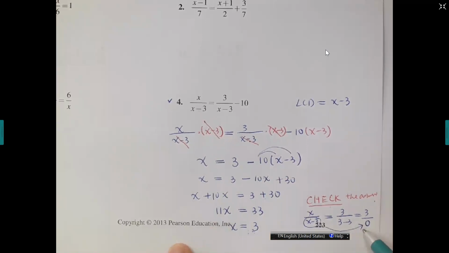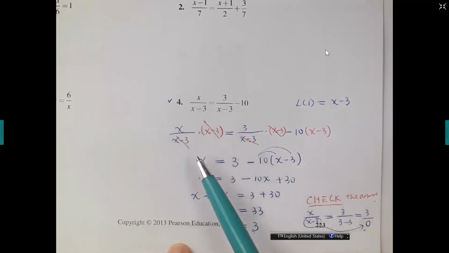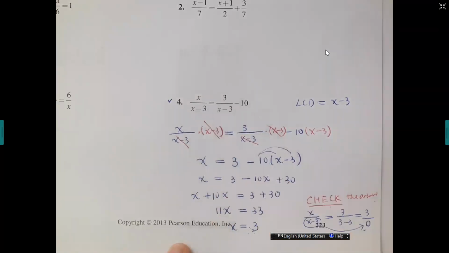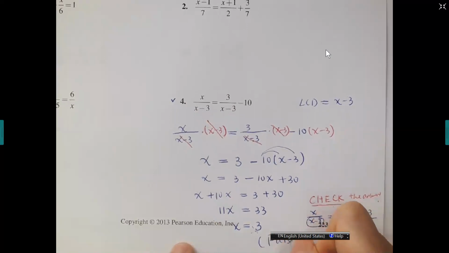And when the denominator is 0, that rational expression is undefined. The solution we got will make the original equation an undefined expression, so that means the solution we got here is a false solution.